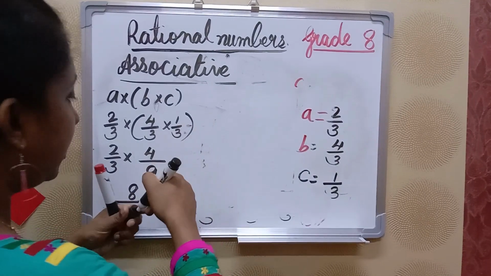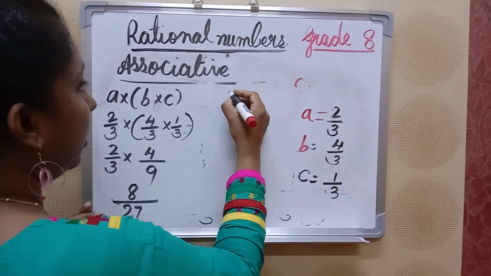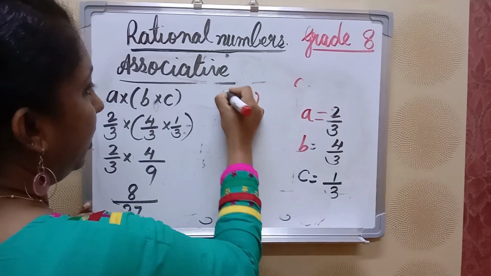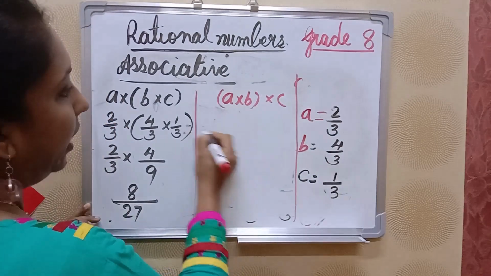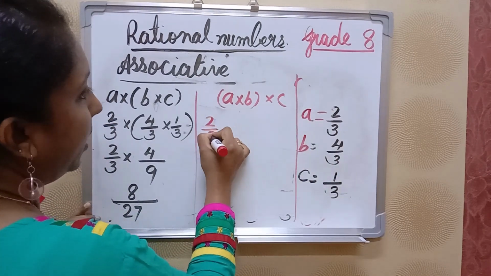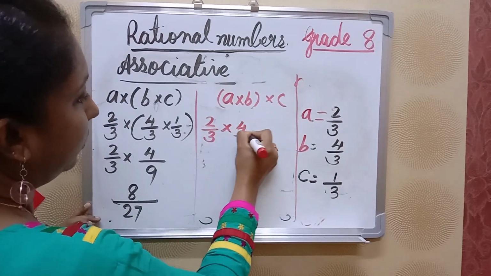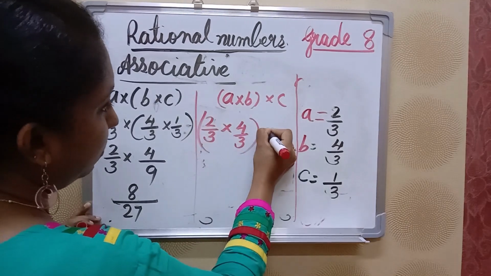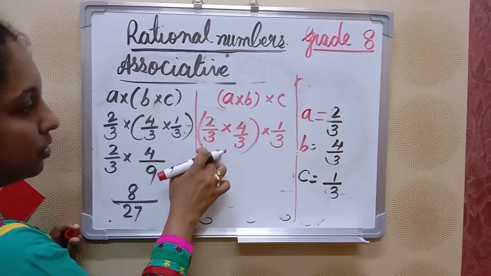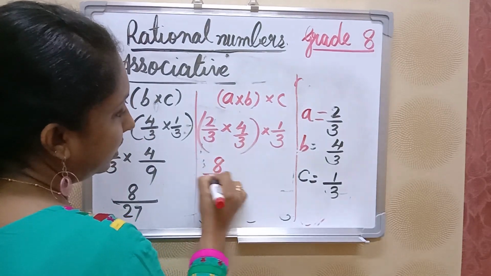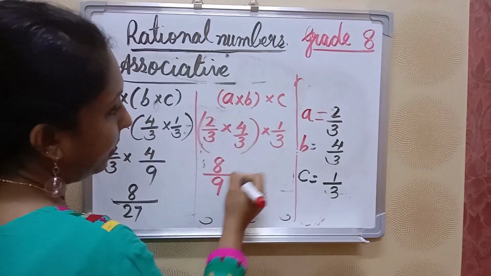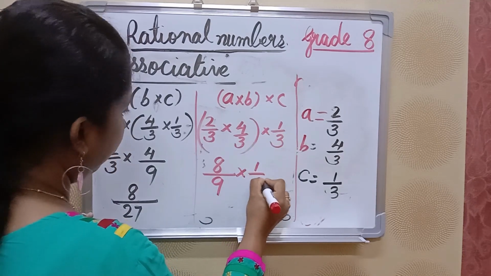Now we can find (a × b) × c. a × b, that is 2 by 3 into 4 by 3, into 1 by 3. First you have to find the bracket. 2 into 4 is 8, 3 into 3 is 9, into 1 by 3.